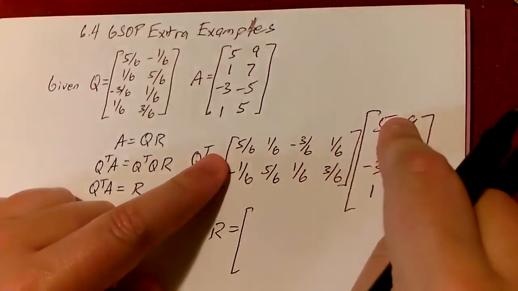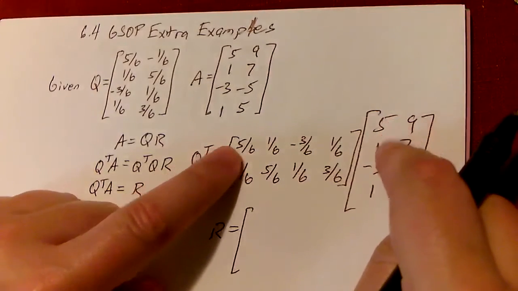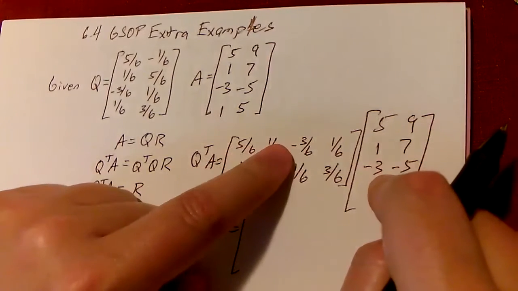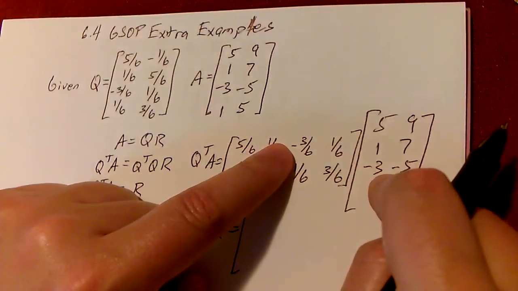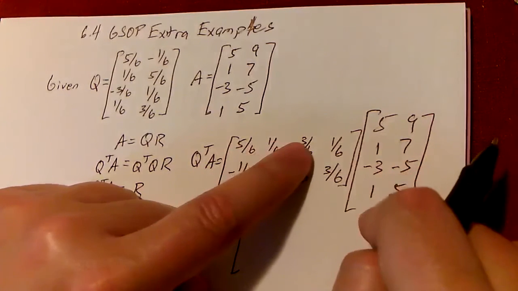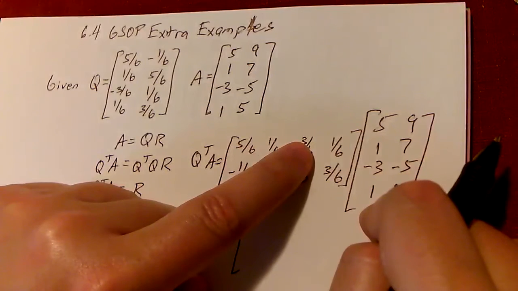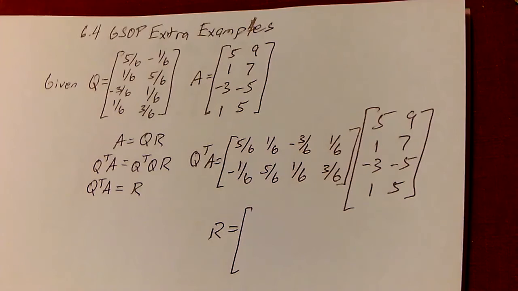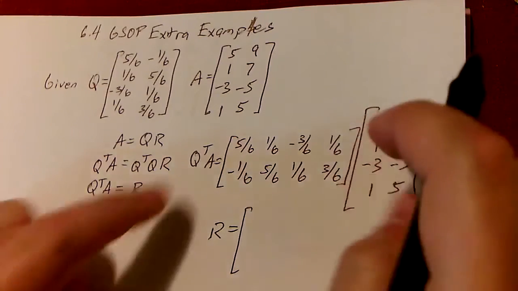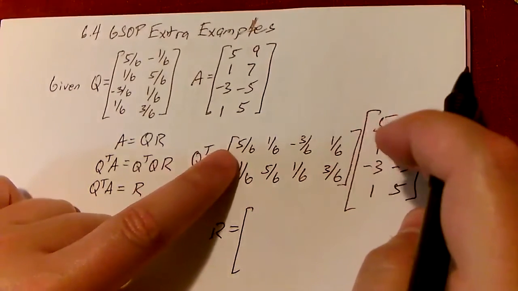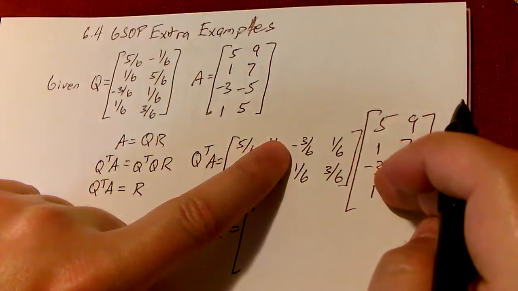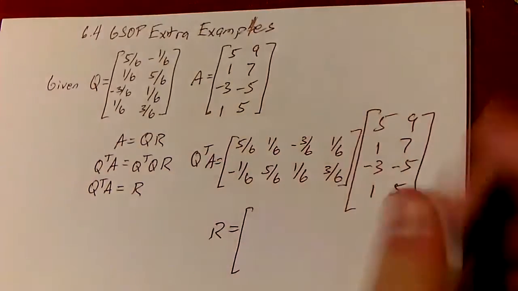First row, first column, I've got 25/6, plus 1/6 makes 26/6, -9/6 makes 17/6, then plus 1/6 makes 18/6. So 25 and 1 makes 26, -9 makes 17, plus 1 makes 18/6.